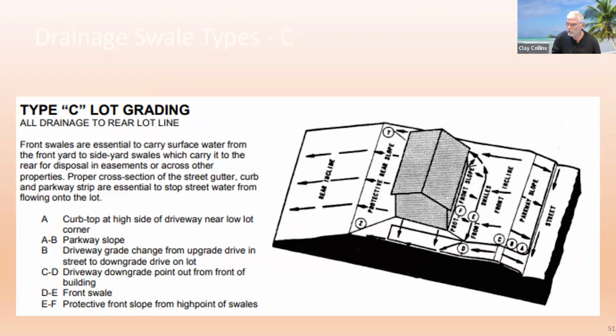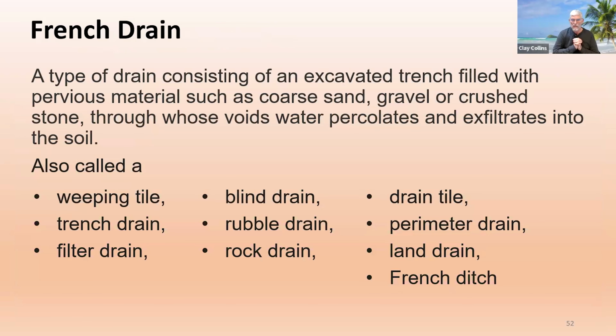All right, so let's talk about how you mitigate poor drainage. French drains. Now, I think just out of habit, everybody calls every drainage system a French drain. But a French drain is not the same as a subsurface or an underground drain.